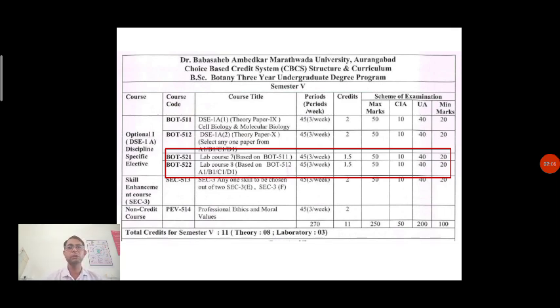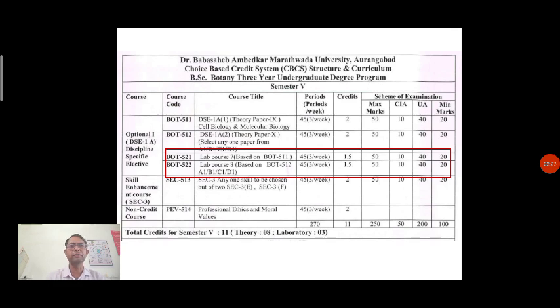Now based on these two core subjects, there are two different practicals. BOT 521 and BOT 522 are nothing but lab course 7 and lab course 8 respectively, based on the above said subjects.